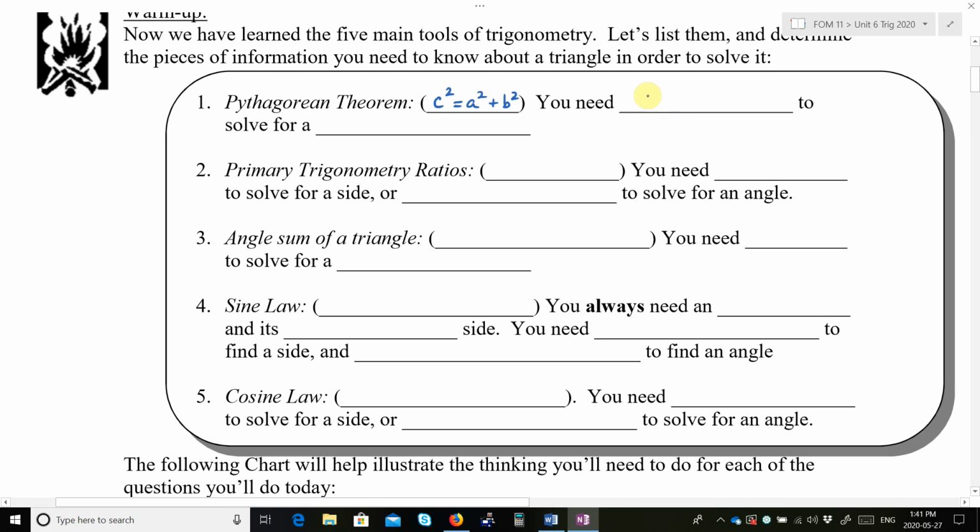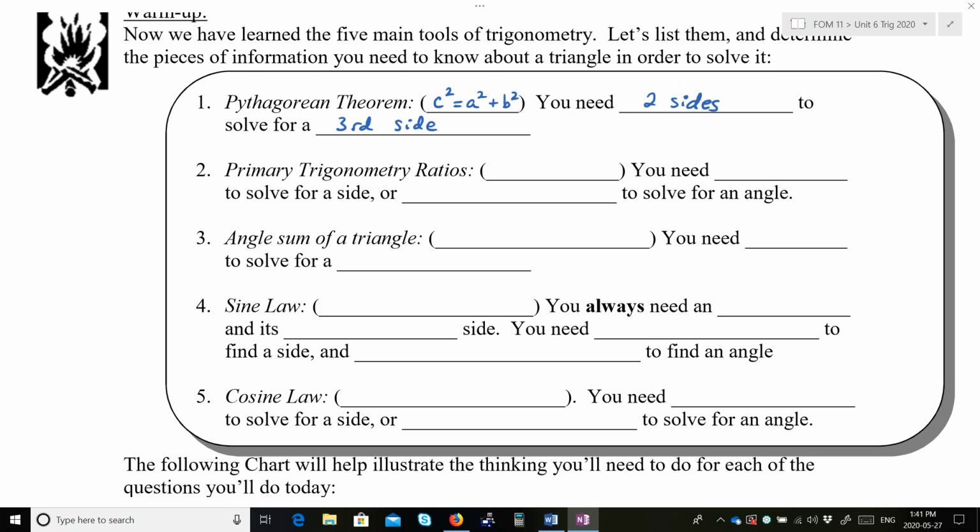You need two sides to solve for a third side. So for the Pythagorean theorem, you have to know 2 of the 3 sides, and then you use those 2 sides to solve for the third side.